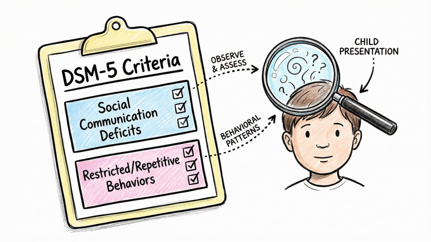Either stereotyped movements or speech, insistence on sameness, highly restricted interests, or hyper or hyporeactivity to sensory input. The severity is rated by level of support needed, either a level 1, a level 2, or a level 3.